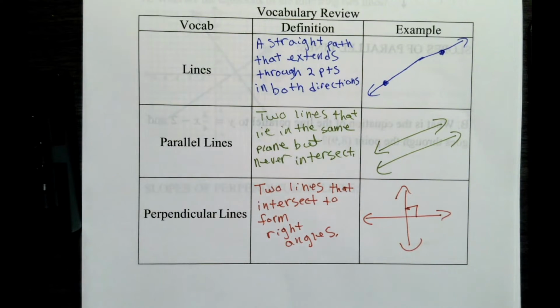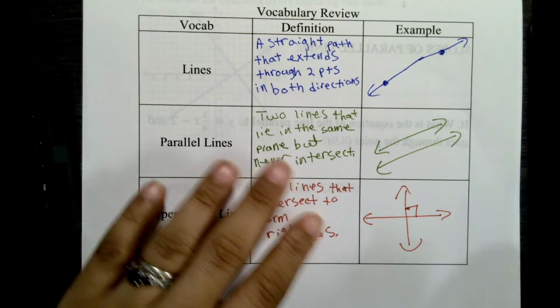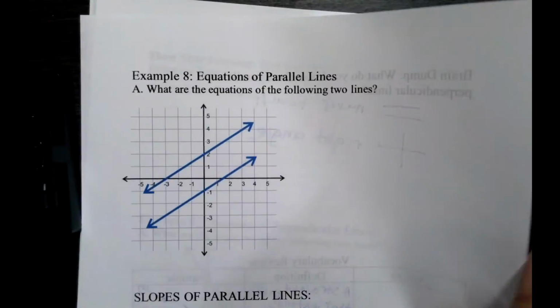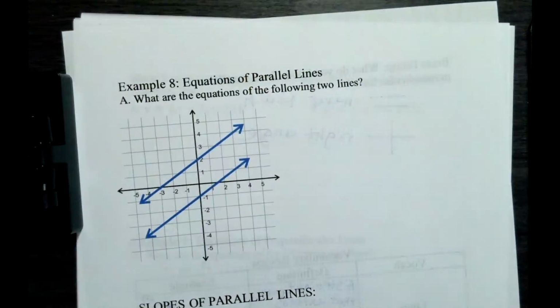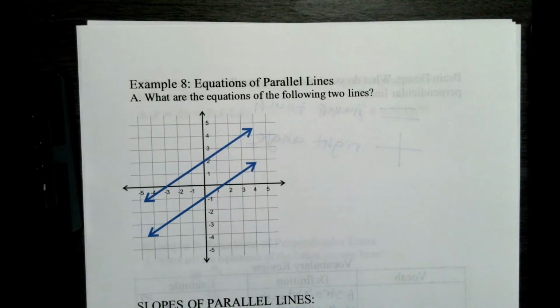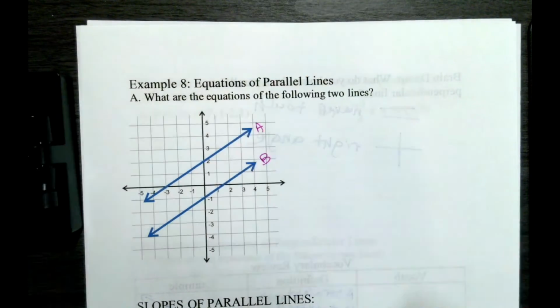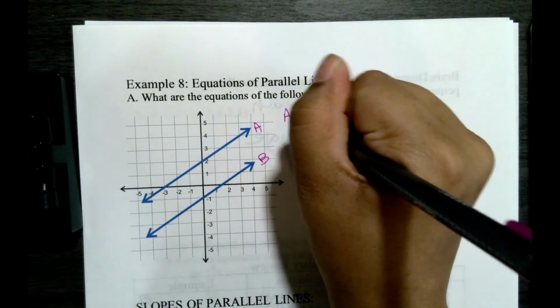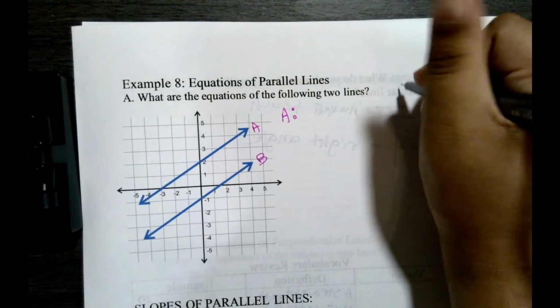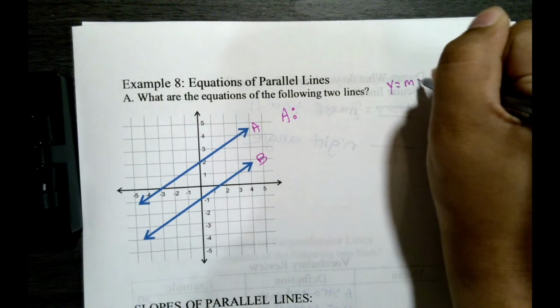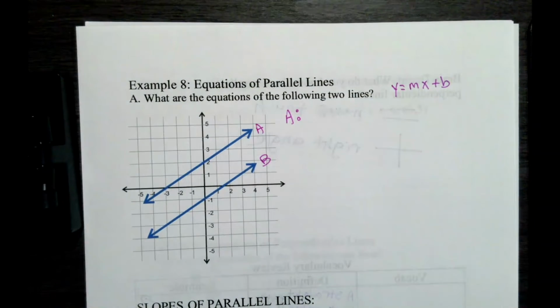So, what are the equations of these 2 lines? Well, let's label this line A and this line B. To find the equation of A, remember both of our equations should be in y equals mx plus b form. So, b is where it touches the y-axis. Well, that's at 2.